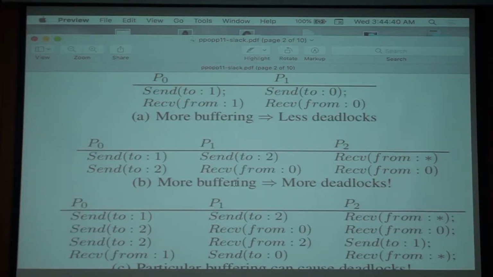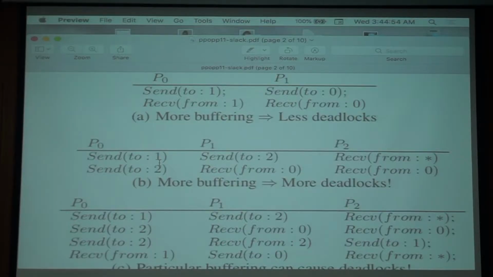But you can easily create examples where if you increase the system's generosity with respect to buffering, you cause the system to deadlock more. This is like the popular adage, if you give too much rope, they will hang themselves. If you give too much buffering, certain commands start running ahead, and then they start matching these wildcard receives prematurely, and that blocks somebody else from matching.